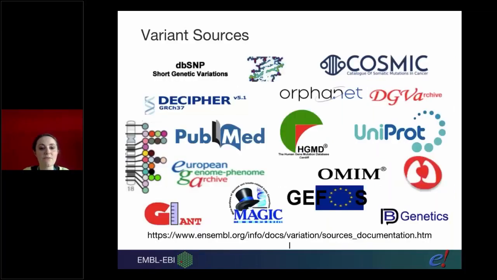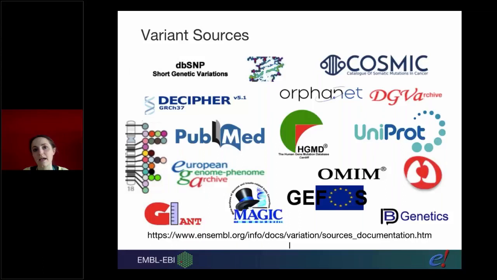We have variation data from a number of different sources. This is just listing all the sources where we have variation data for human. So giving you some examples, I'm not going to go through everything on this page, but we have our major sources, dbSNP, who provide accessioning for submitted variants, short variants, from a number of different sources.